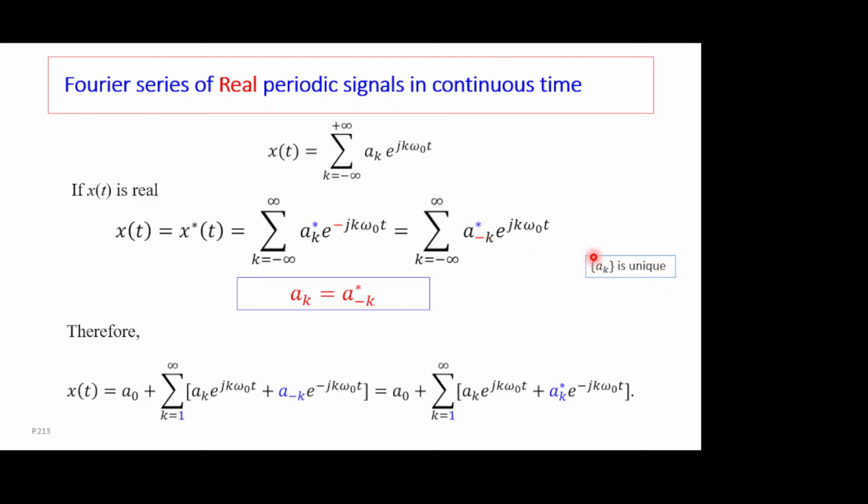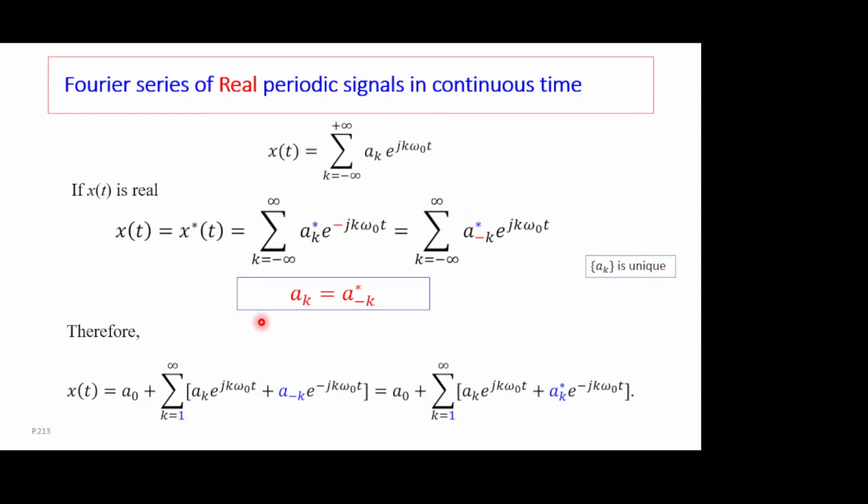Here we use something that we will prove very soon. When you write the function x of t in this Fourier series representation, the a_k are actually unique. So if x of t equals this thing and also equals this thing, then a star sub minus k must equal a_k for every k.